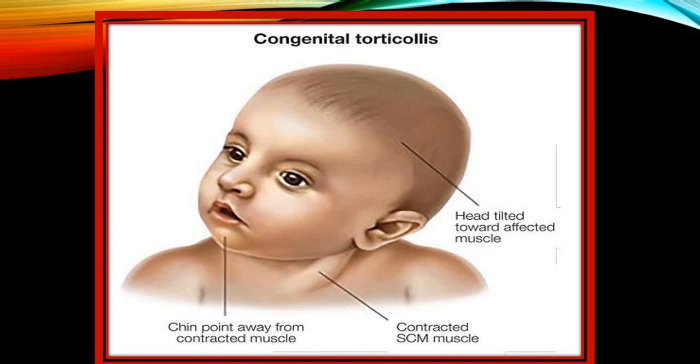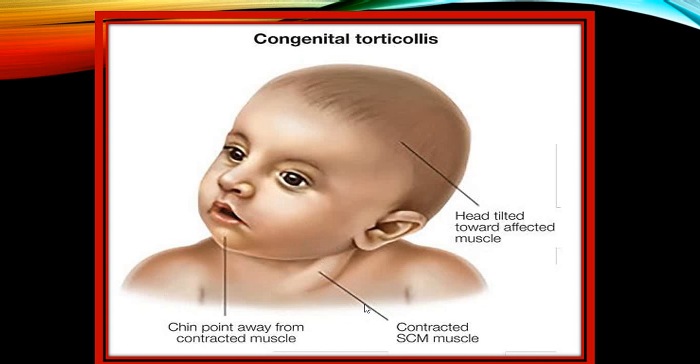How can we diagnose it? By the abnormal presentation, the abnormal posture of the head and neck, and by palpation we can find a mass, and it is not discovered immediately after birth.